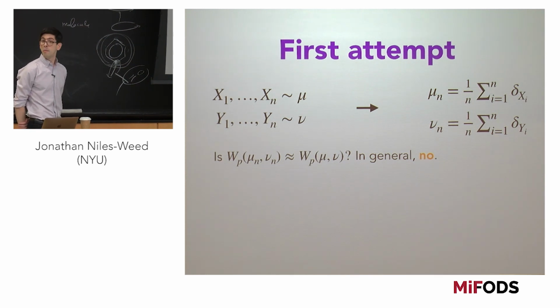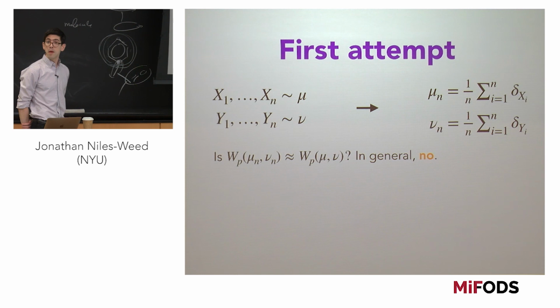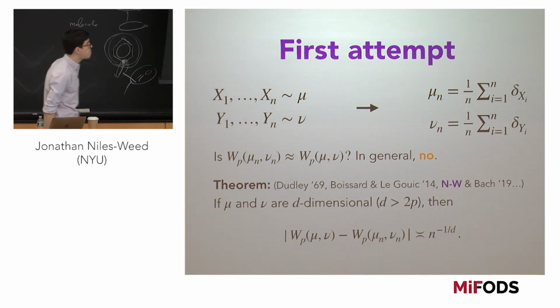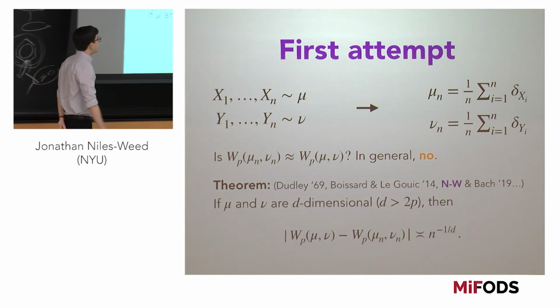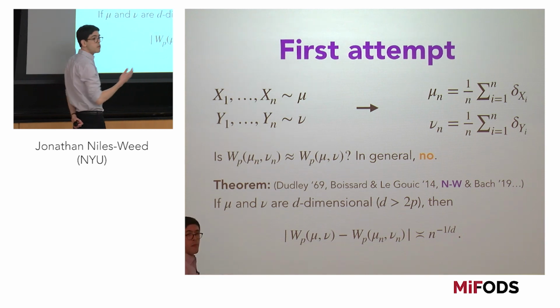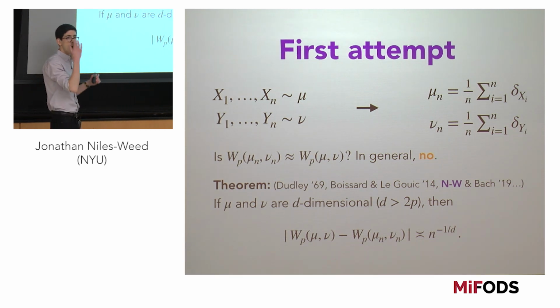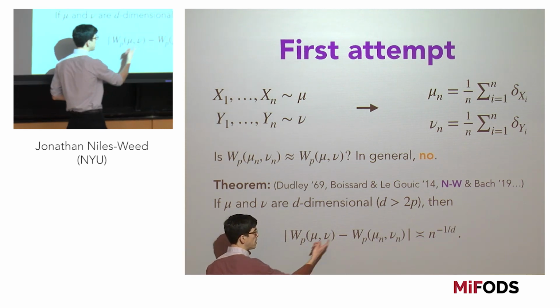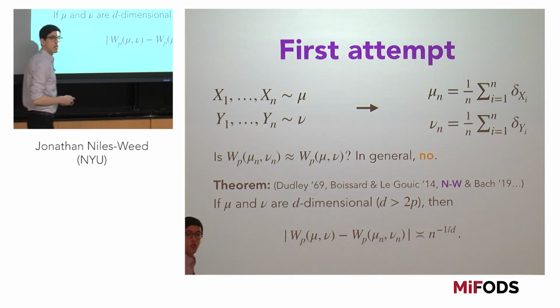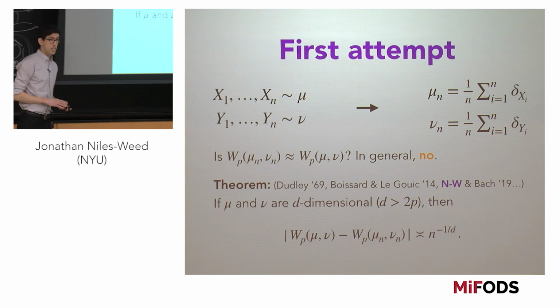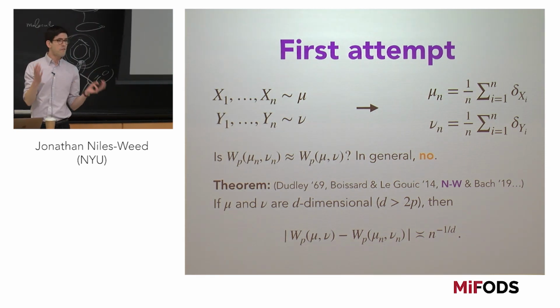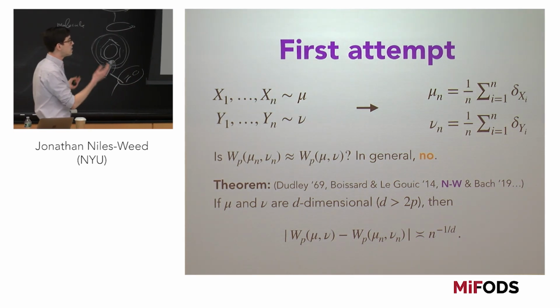The problem is high dimensions. If the dimension is low, maybe it's not an issue, but it's been known for a long time that if my measures are d-dimensional in some sense, say they live in R^d or on a d-dimensional manifold, then the typical distance between these two quantities is no better than n to the negative 1 over d. So I have these high dimensional distributions. d is something huge.